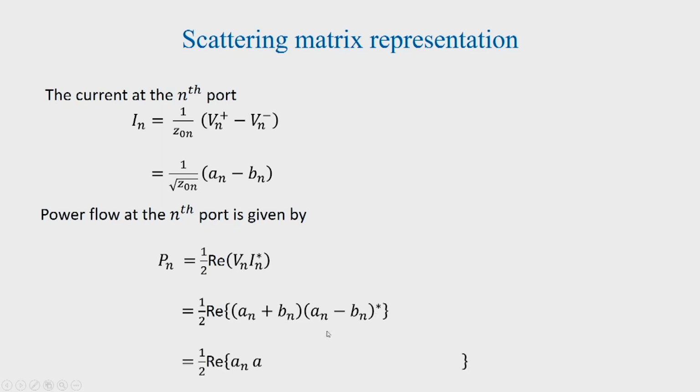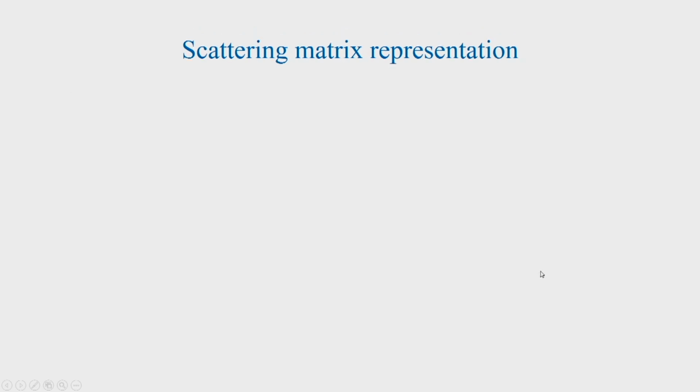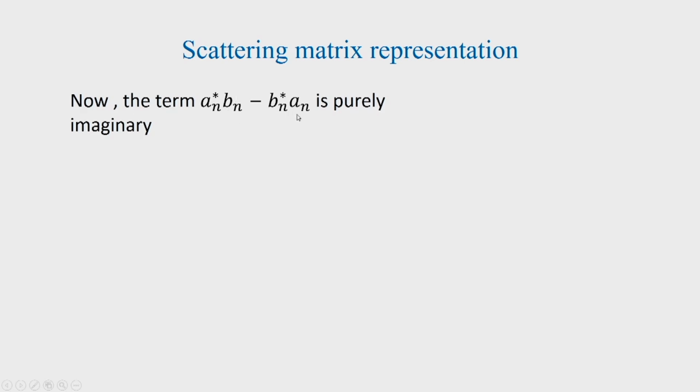When it is expanded, we can write in this form: A n A n conjugate minus A n B n conjugate plus A n conjugate B n minus B n B n conjugate. Now, this term can be shown to be purely imaginary, and therefore, we can write P n is equal to half A n A n conjugate minus half B n B n conjugate.